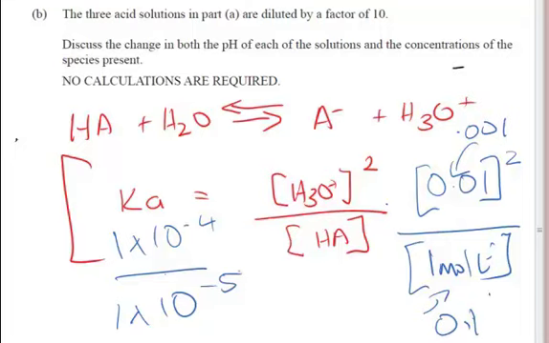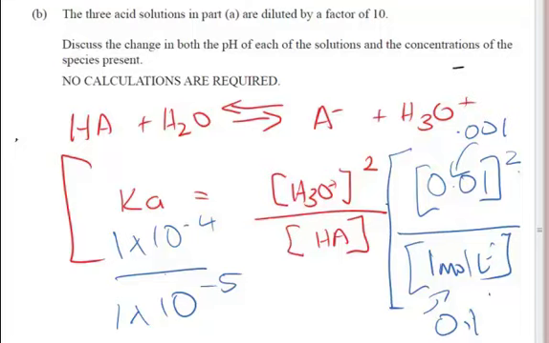and the constant cannot change. So immediately what this tells us is that we can't just change things by a factor of 10 when we have a power involved.